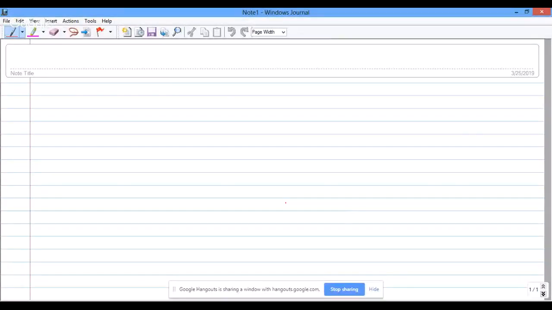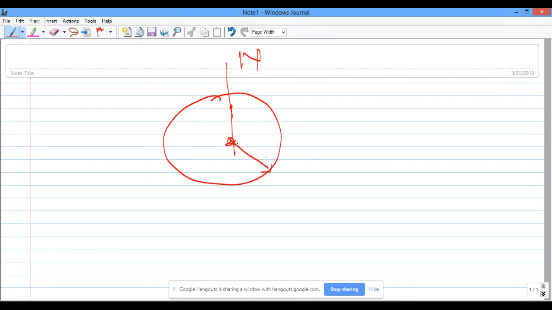You see, if I may draw it like this, and let's say this is my geographical north, right? And the sun's projection onto the ground, the sun's projection onto the horizontal plane, is somewhere here.